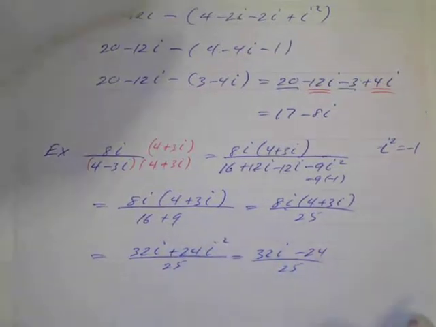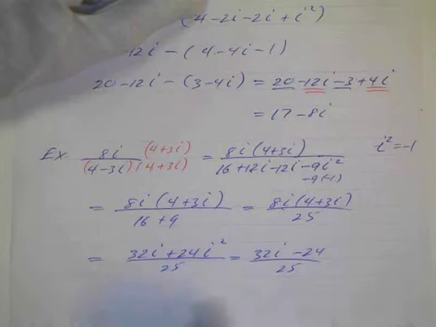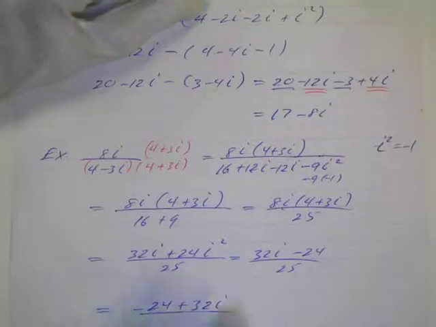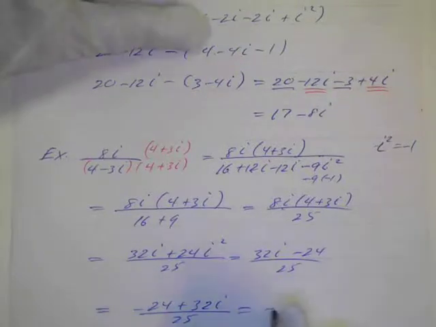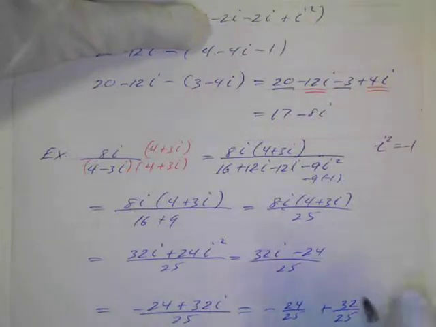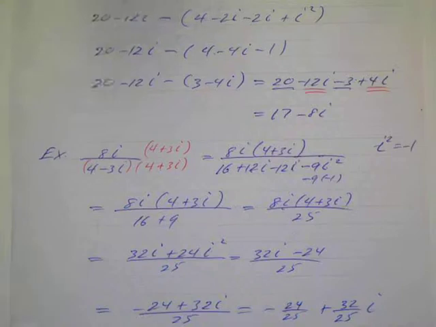Now if we want to write this in standard form, we're going to reverse these. So we'll write this as -24 plus 32i all over 25. And then to get it into standard form, it would be -24 over 25 plus 32 over 25. We break that up, both over 25, and then i. And there's your standard form.